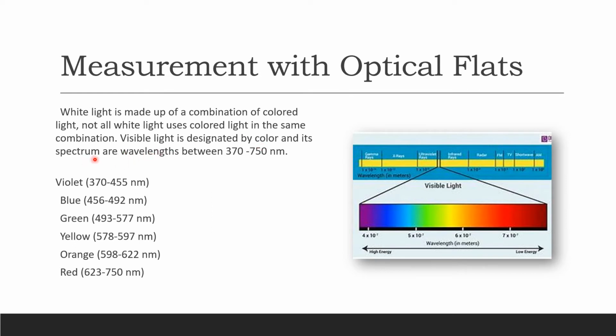And that spectrum is wavelengths. Here is your review of light wavelengths. Violet starts from 370 and we can go all the way to 750 nanometers, so that's short going longer. These are our wavelengths, in nanometers, where nano is 10 to the power negative 9.